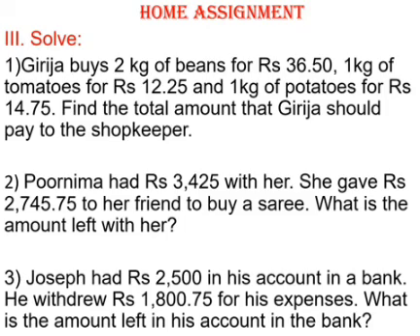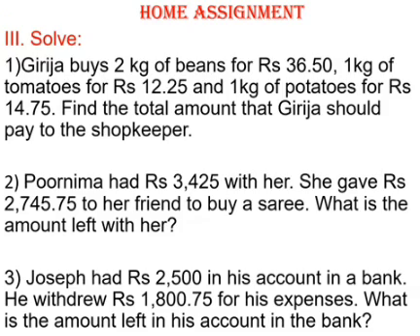The third sum is: Joseph had rupees 2,500 in his account in a bank. He withdrew rupees 1,800.75, that is 1,800 rupees 75 paise, for his expenses. What is the amount left in his account in the bank?